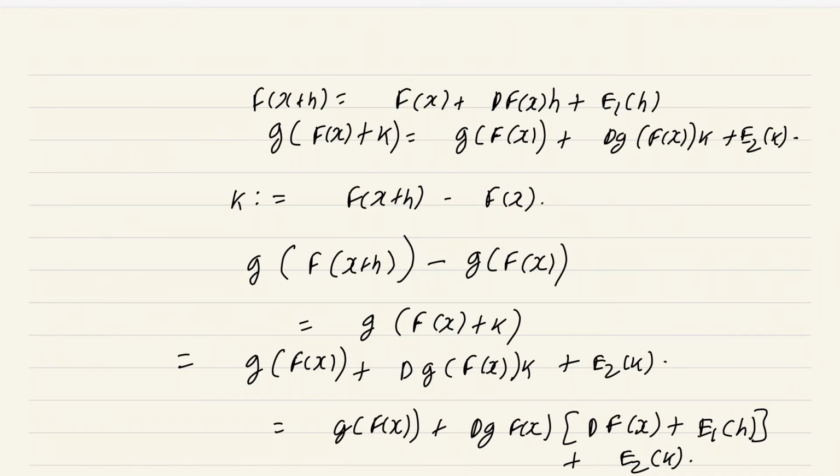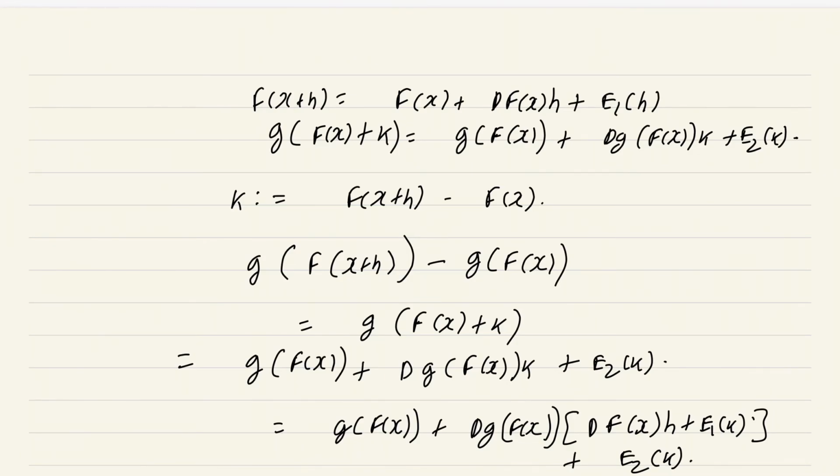We have got this term g of f of x, and we have got dg at the point f of x acting on df x h plus e1 of h, plus e2 of k. I missed an h, that was what was throwing me off here. This is actually h plus e1 of h. Much better. So we have essentially got what we need.